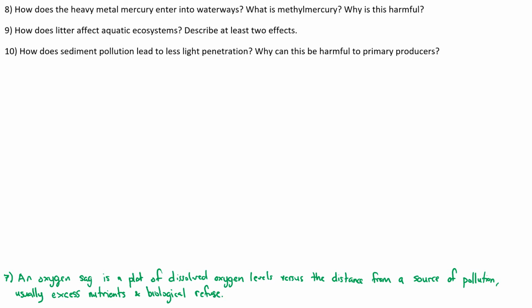Number 8. How does heavy metal mercury enter into waterways? What is methylmercury? Why is this harmful? So I'm going to start off at the very top there, and let's answer it. So how does heavy metal mercury enter the waterway? Through acid mine drainage, as well as burning fossil fuel.